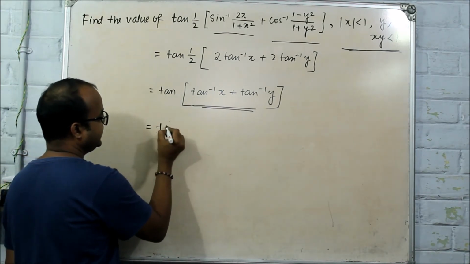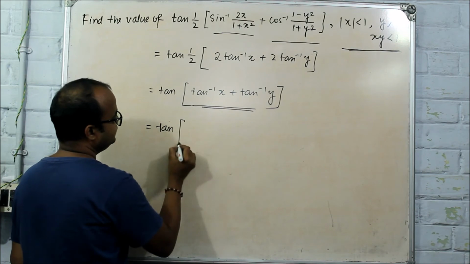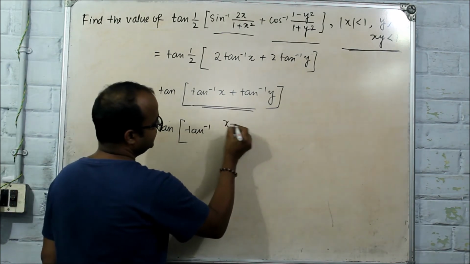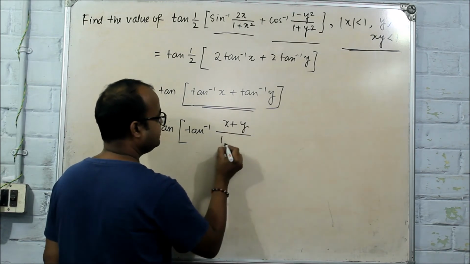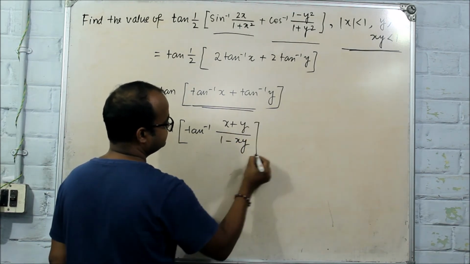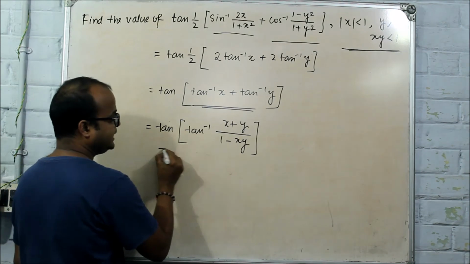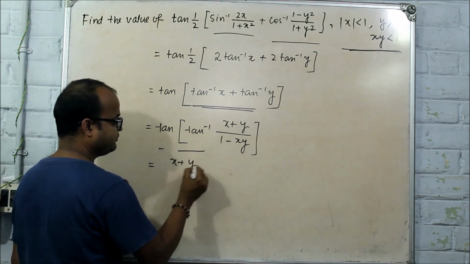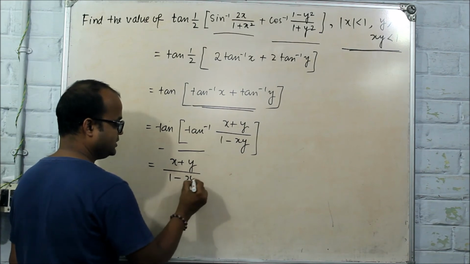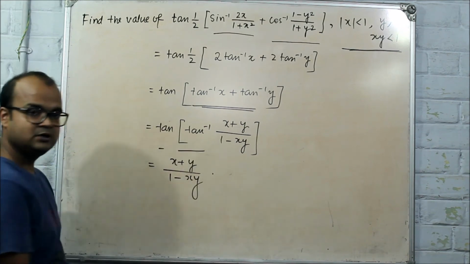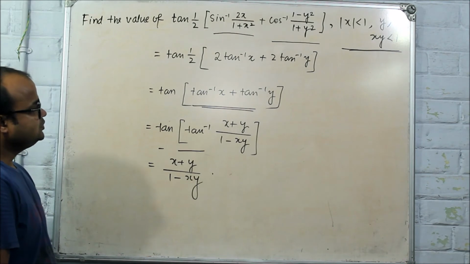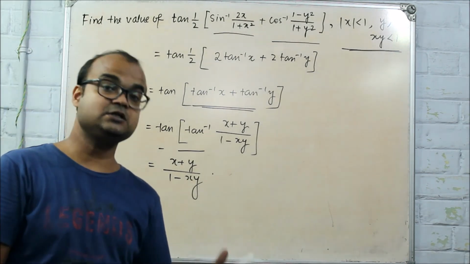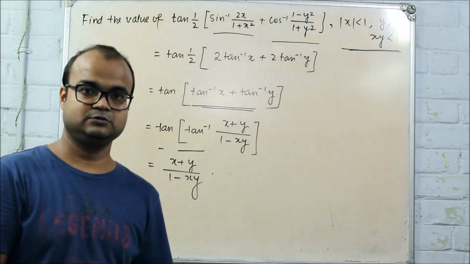So we'll get tan of tan inverse of x plus y by 1 minus xy. Tan of tan inverse theta is equal to theta. So we'll get x plus y by 1 minus xy. Clear? So again, the formula is important to remember.